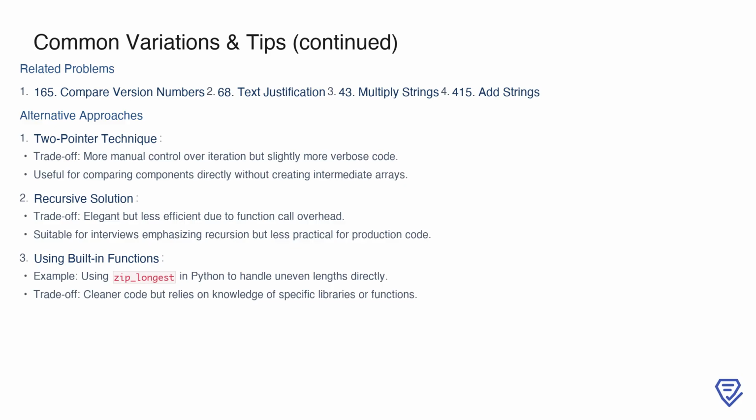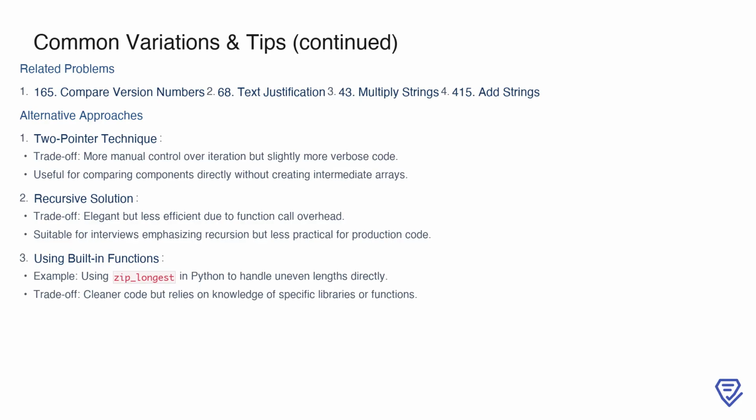For example, 68. Text Justification, 43. Multiply Strings, and 415. Add Strings all require breaking down strings into components and processing them systematically, much like 165. Compare Version Numbers.